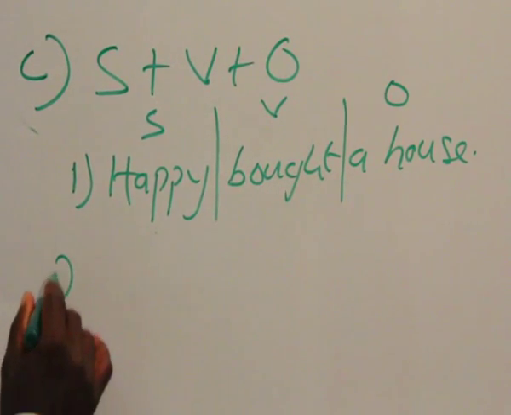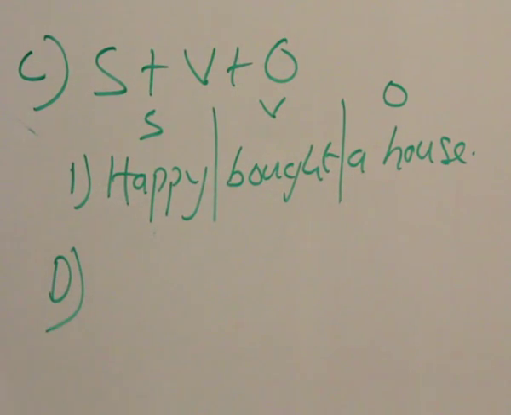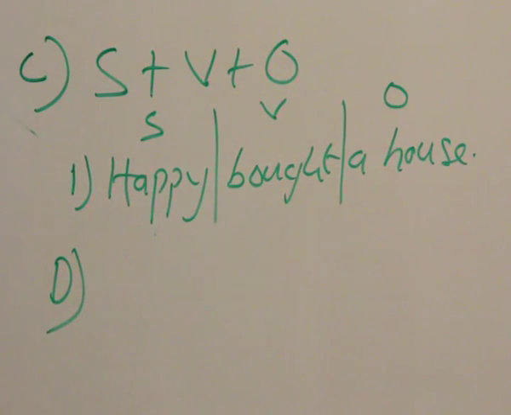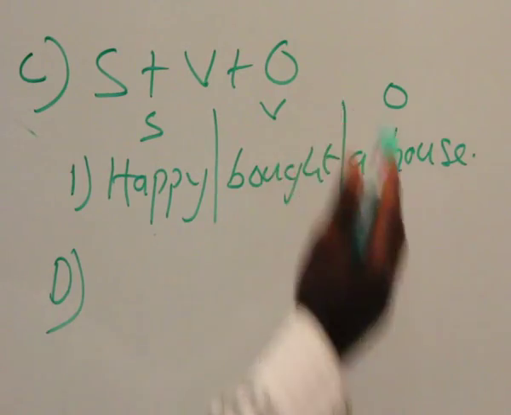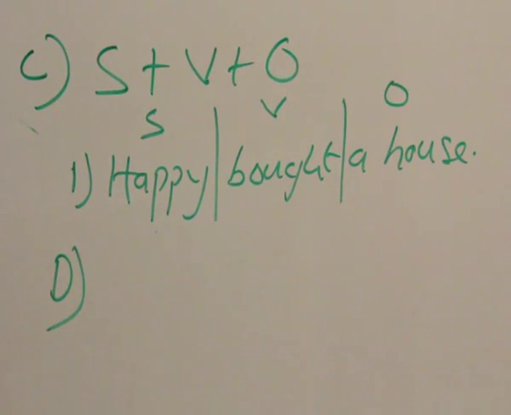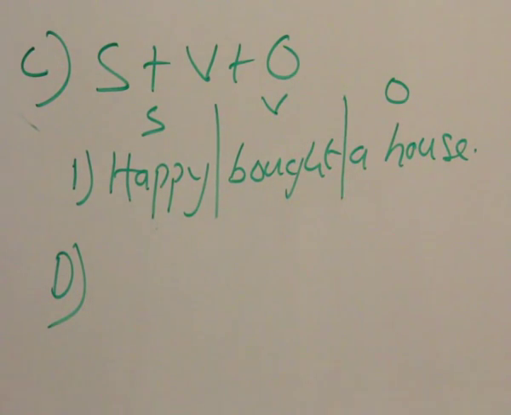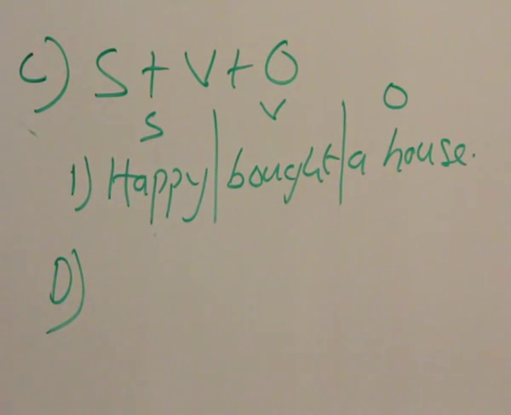Let's take D. If you look at this, we may call it a direct object. But sometimes you have two objects in a sentence. When that occurs, one will be direct and the other will be indirect. So, let's look at that structure.